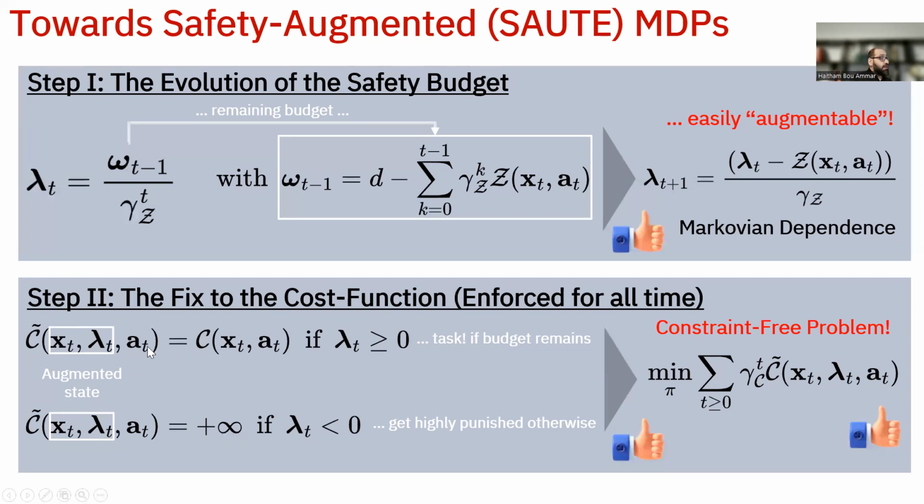And the way we define this is just the standard cost if you have some budget left. So if there's some budget left, focus on your task cost. And if there's no budget left, you get highly punished. Now we would be looking for a solution to the following problem, where we would like to minimize with respect to the policy the augmented cost.